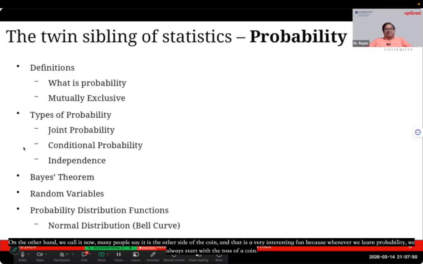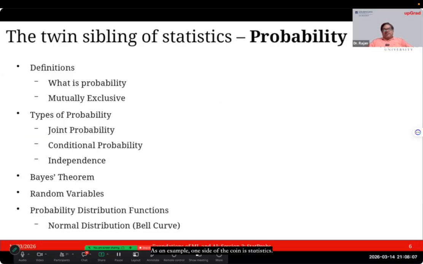On the other hand, many people say it is the other side of the coin, and that's a very interesting pun, because whenever we learn probability, we always start with the toss of a coin as an example. Okay, one side of the coin is statistics. It talks about what has happened in an uncertain situation.